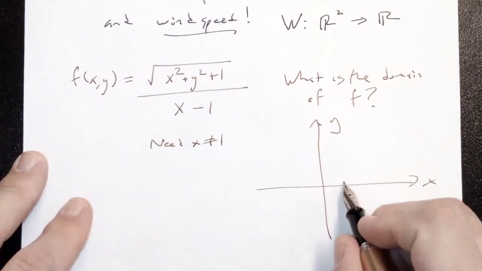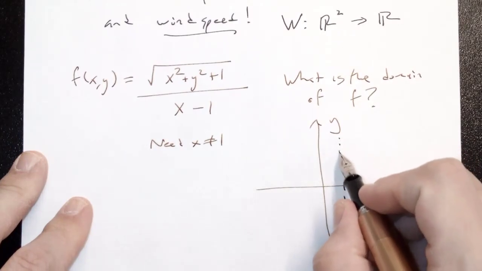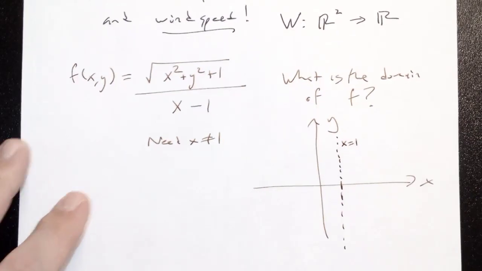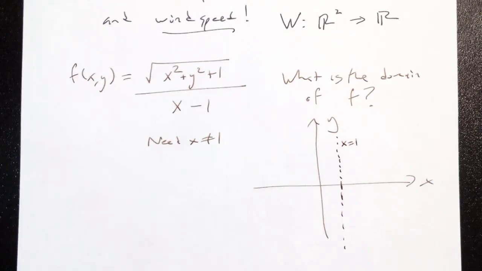It's a vertical line at 1. This is X equals 1. And I don't want that. I'll make it a dotted line. That's the part I cannot have to start with. But there's more. That would cause me to divide by 0.